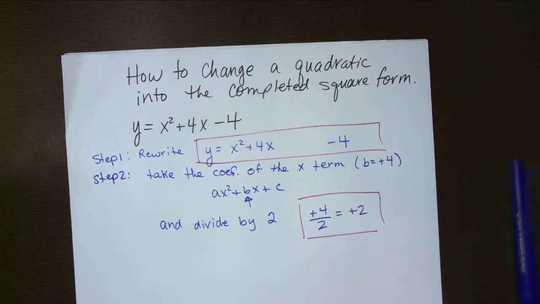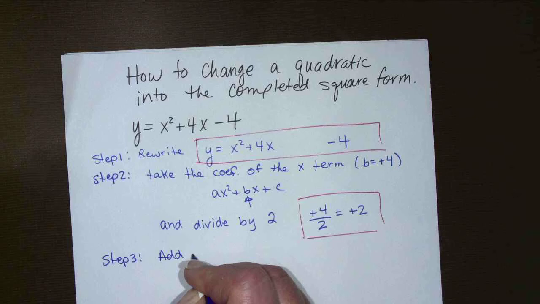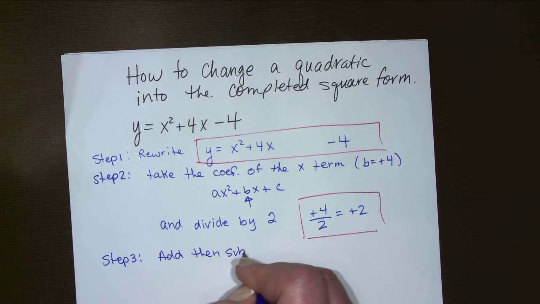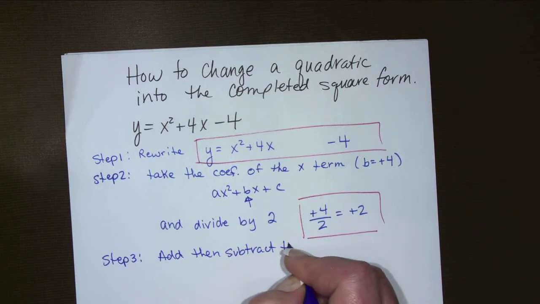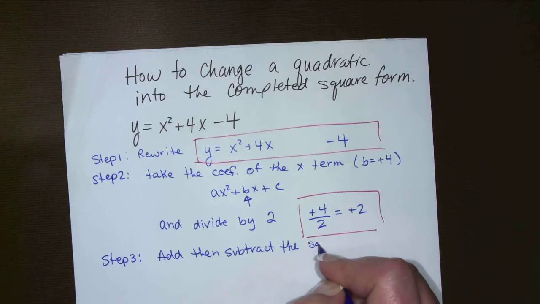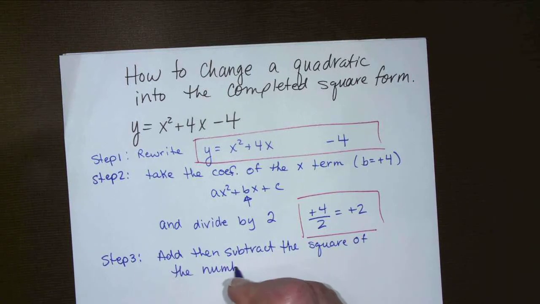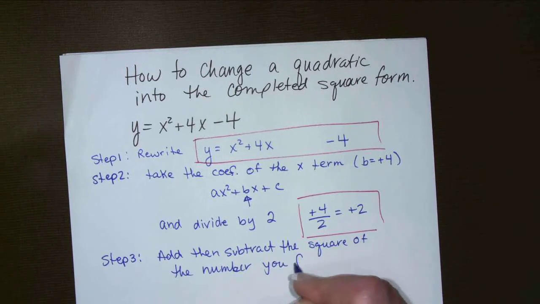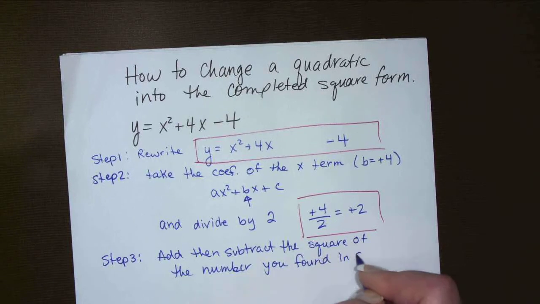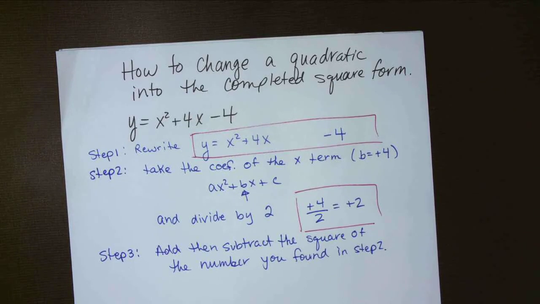And step 3, add, then subtract. Add and subtract the square of the number you found in step 2.